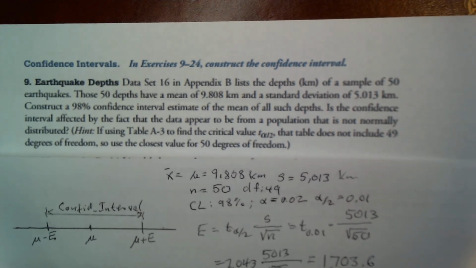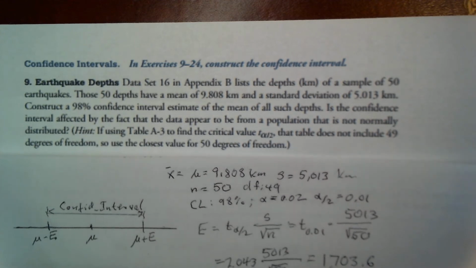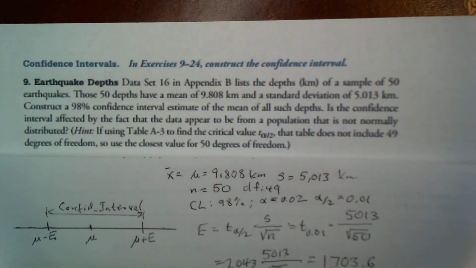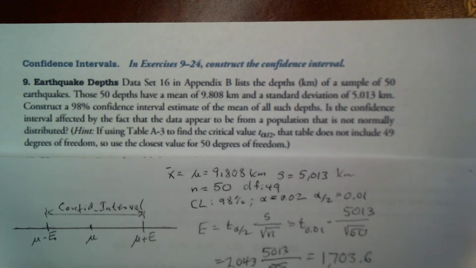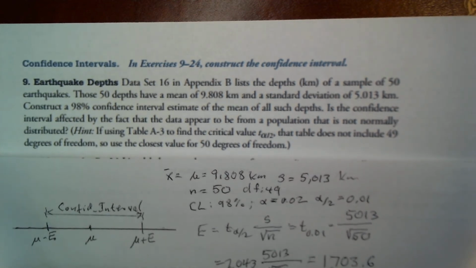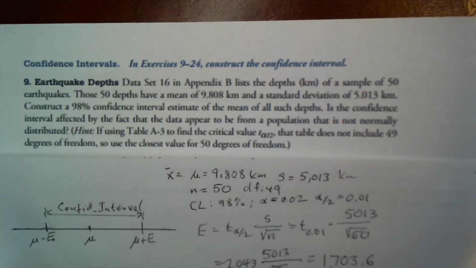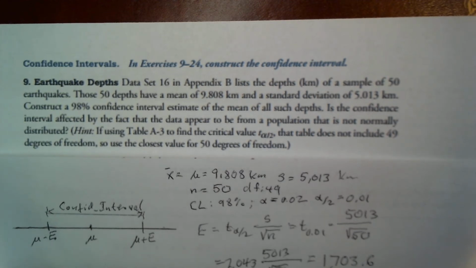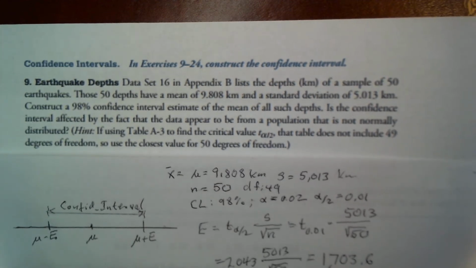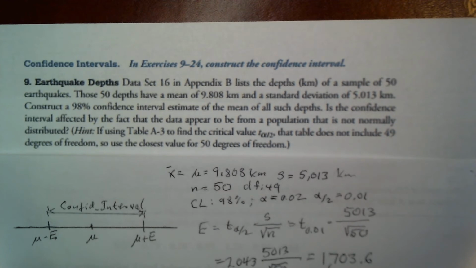That gives us for the confidence interval 8.104.4, and the true population mean is in between these two values, the x bar minus the margin of error and x bar plus the margin of error, which is 11.512.